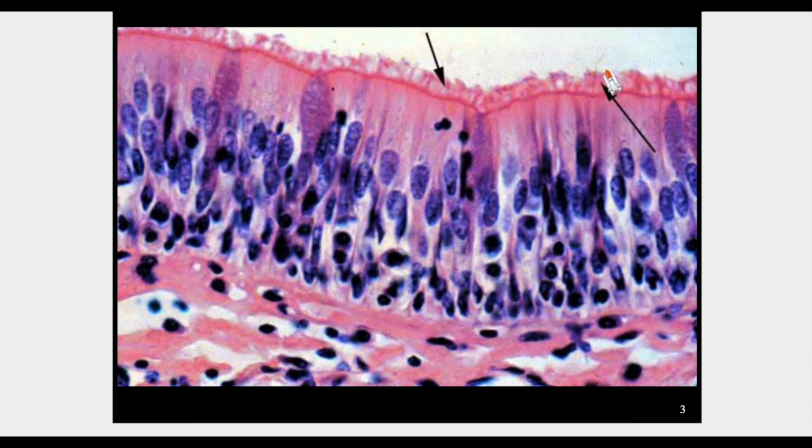Here on this side, okay, what is this specific feature? Well, that's cilia. And we know that cilia is only a part of the ciliated pseudostratified columnar epithelium. And as far as the ones that you had to know, that was the only tissue that had cilia.